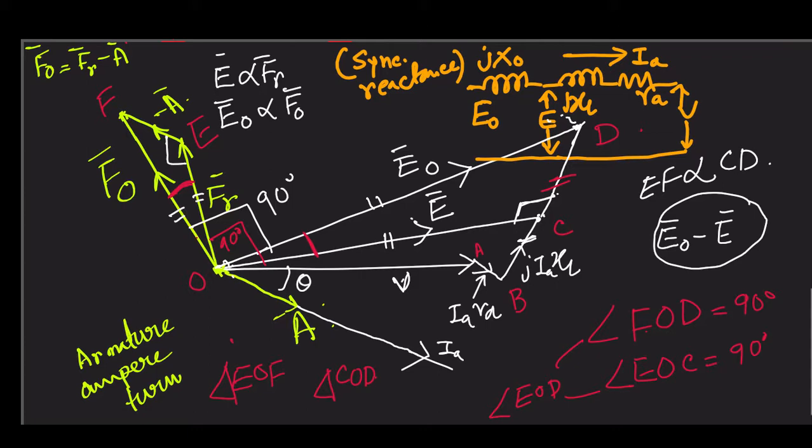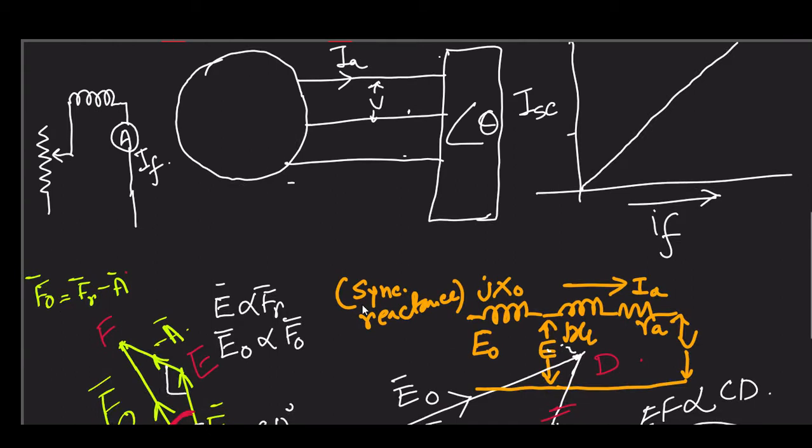Now get back to our topic of discussion. First of all, we analyzed the difference between a transformer and a synchronous machine, typically a transformer secondary and a synchronous machine stator. Then we considered a load of power factor angle theta connected to the synchronous machine terminal, while the synchronous machine field current is adjusted so that we get V voltage across the terminal.